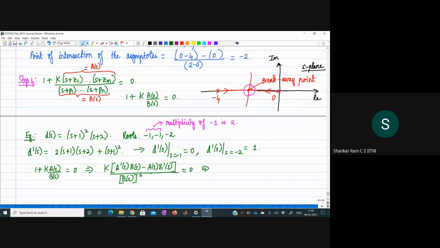If there is a repeating root or a breakaway point, we need a prime s b of s minus a of s b prime s to be equal to 0. This is the condition.